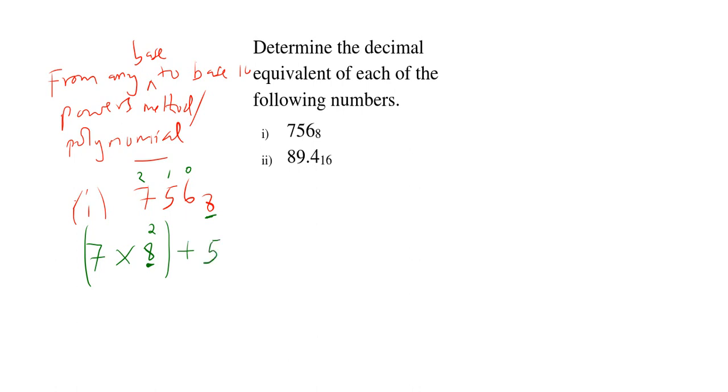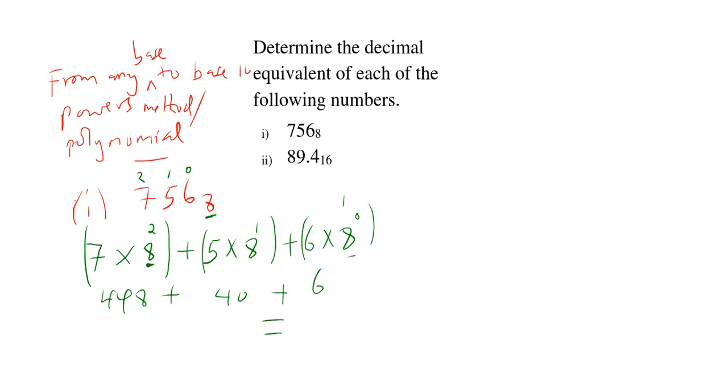So 5, 8 will be power 1. Then we have 6, 8 will be power 0. So when you compute this, you'll get 448 plus 40 plus any number power 0 is 1, so this is 6. When you add this, you'll get 494, and this is base 10.